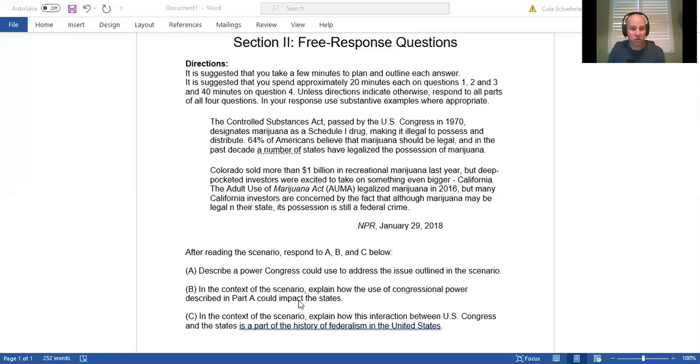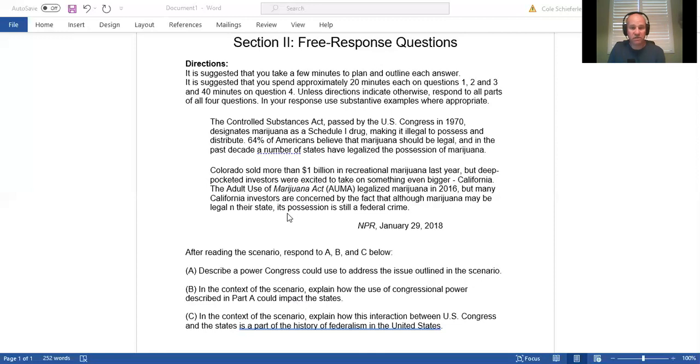Now, we're still going to go even further and give more examples. The states then would be able to pass more marijuana legalization laws and not have to worry about their state businesses being impacted by the Drug Enforcement Agency, because the Drug Enforcement Agency would have no ability to enforce the Controlled Substance Act onto the states.